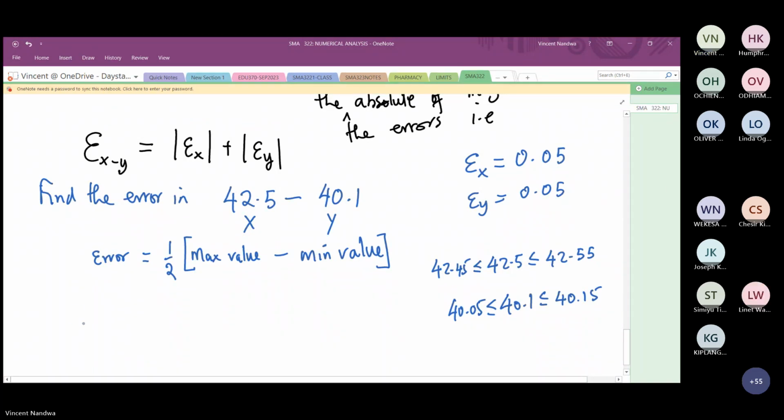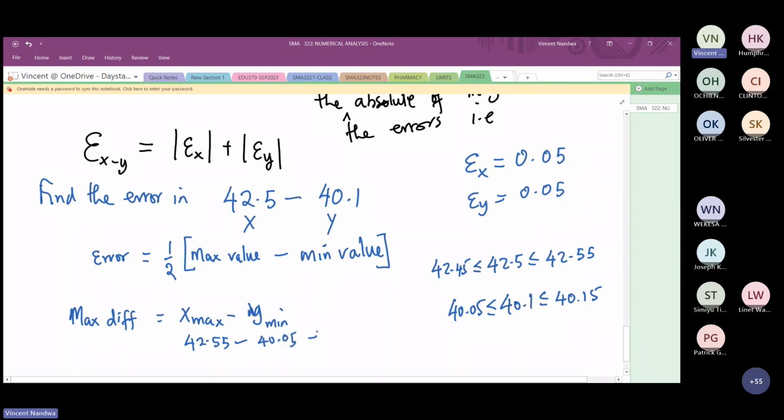So what would be the maximum difference? We take maximum x minus minimum y, correct. So we are going to have 42.55 minus 40.05.